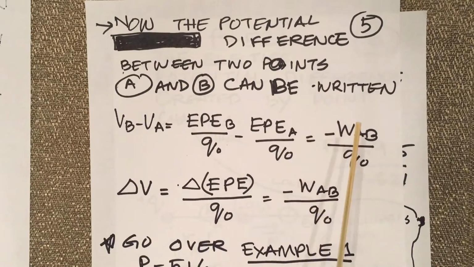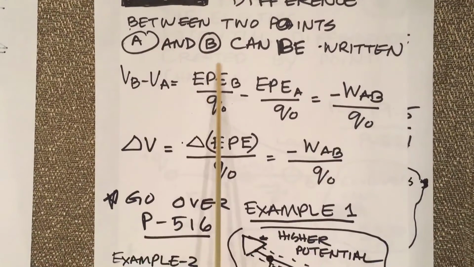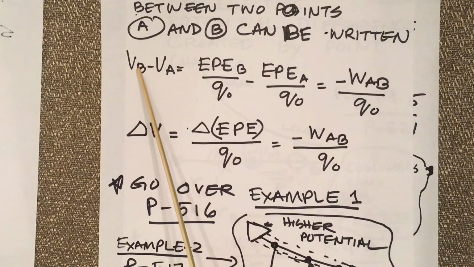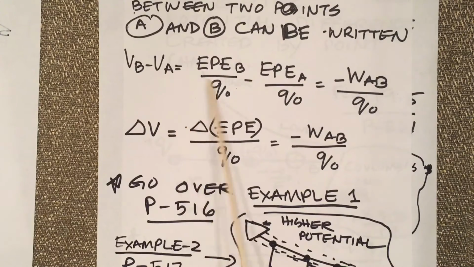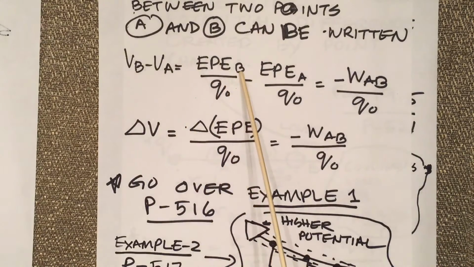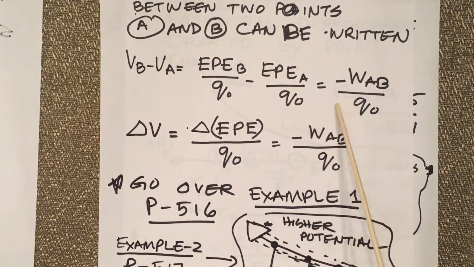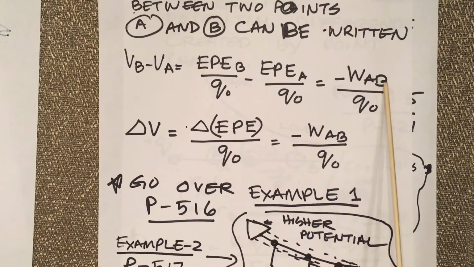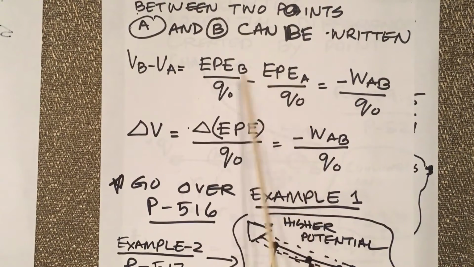Now, let's look at the potential difference between 2 points, A and B, which we can write down as V_B, the electrical potential at the point B, take away the electrical potential at A. So we can write down EP_B divided by Q0, minus EP_A divided by Q0, that equals again work done from A to B. See the difference I'm taking between B and A, okay?